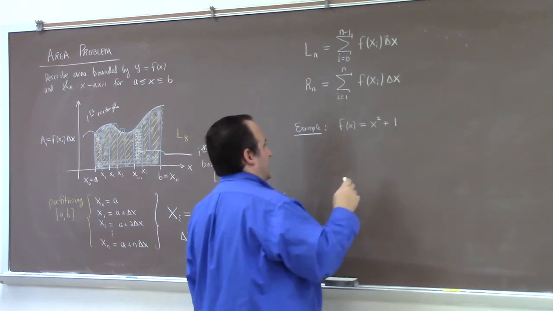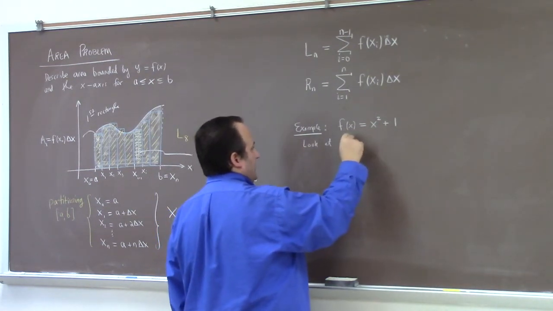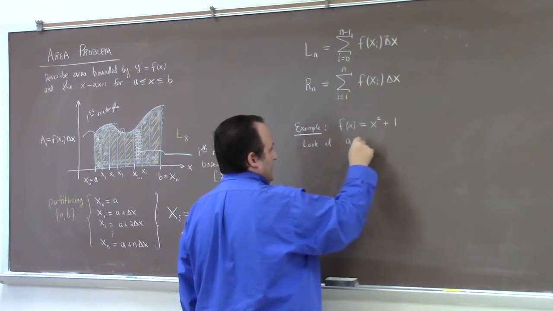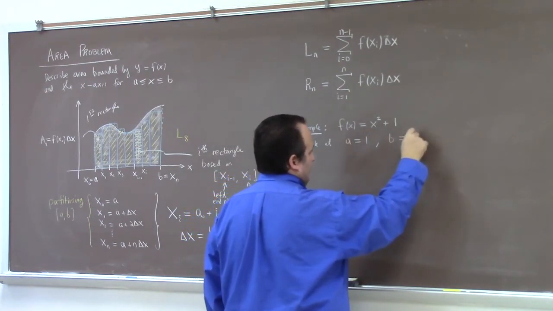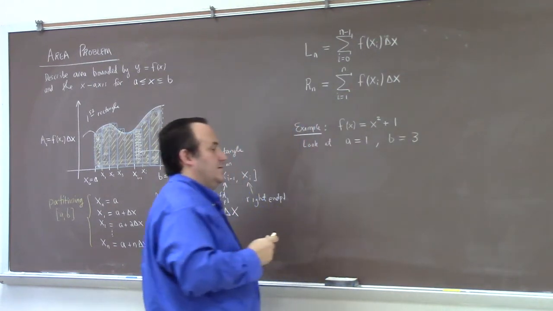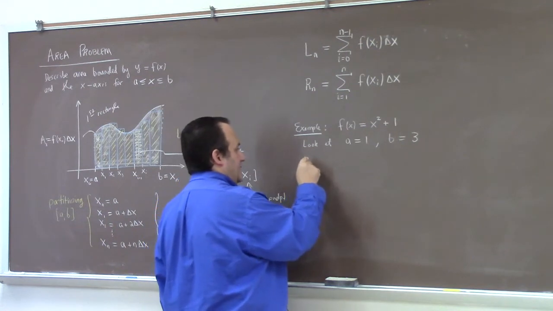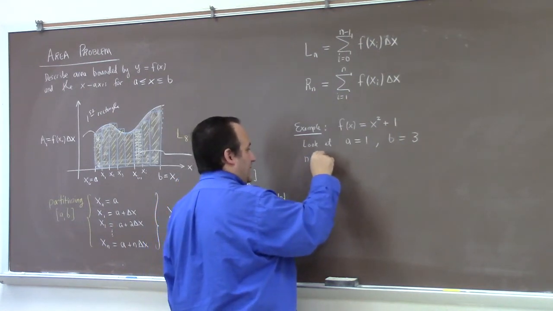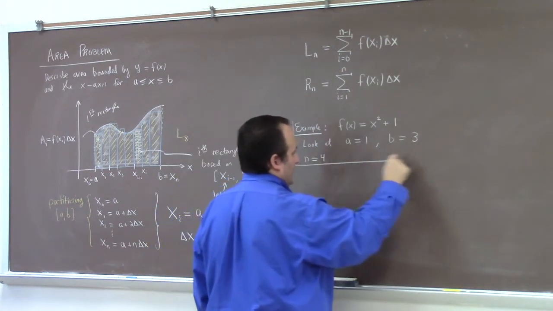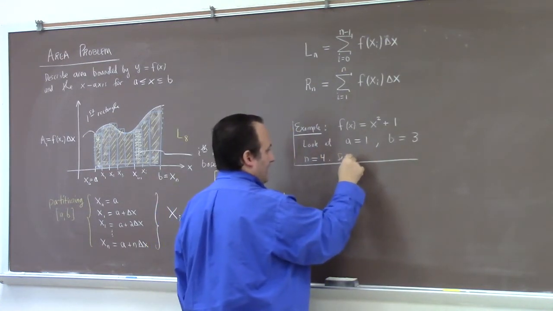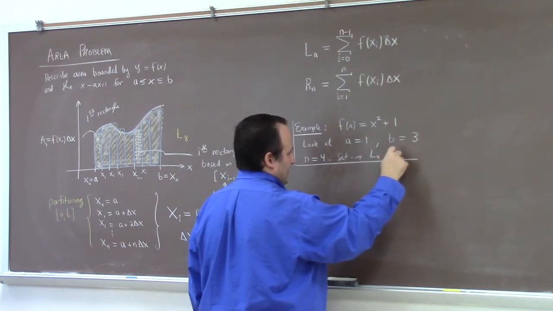And we're going to look at the closed interval with a equals 1 and b equals 3, and we'll set up n equals 4. Let's set up L4 and R4.